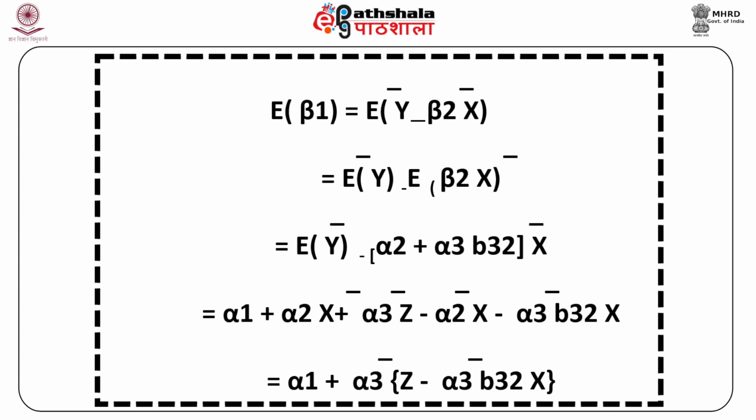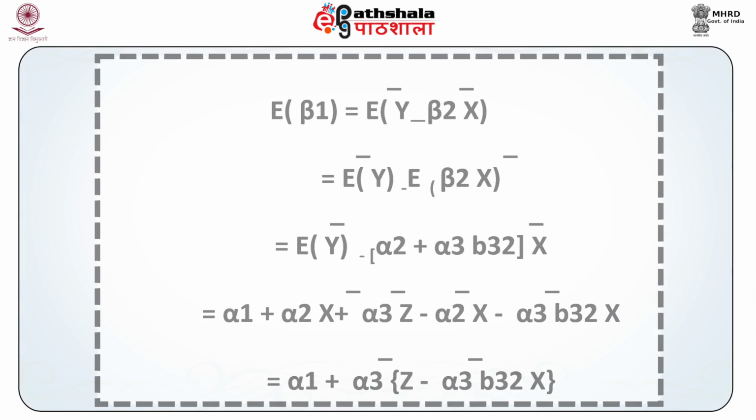For the constant term to be unbiased, z bar minus b32 x bar should be equal to 0. Thus, even if there is no correlation of the omitted variable with the included variables, the constant term continues to be biased. This also shows one of the reasons why a constant term should always be included in the model.